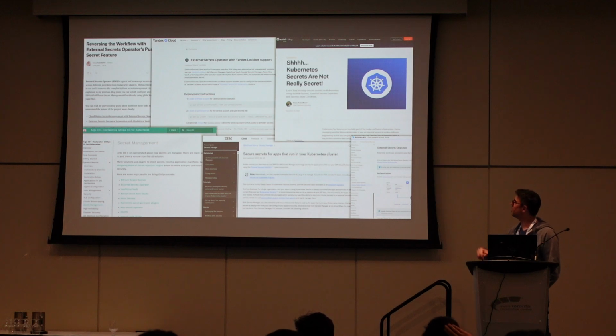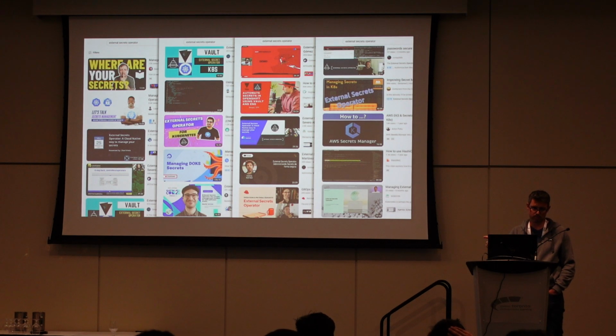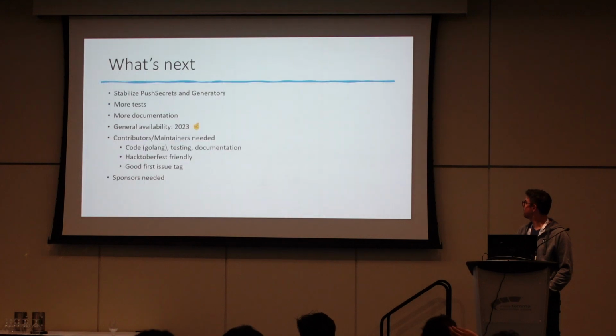Also from IBM, Argo. And there's also a lot of content on YouTube. If you search for External Secrets Operator, you will find talks like this one, or little videos that some influencers have done talking about the project or something specific about it. So it's been really cool.